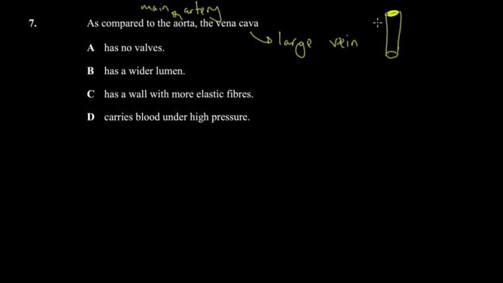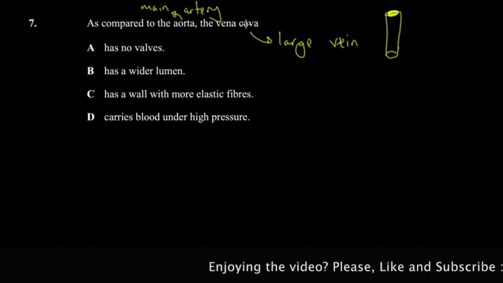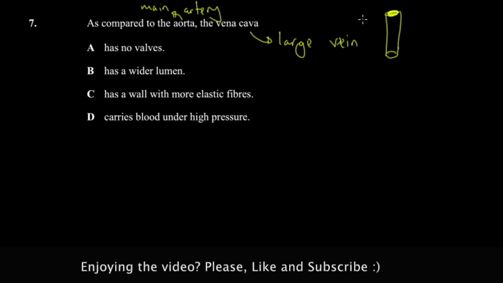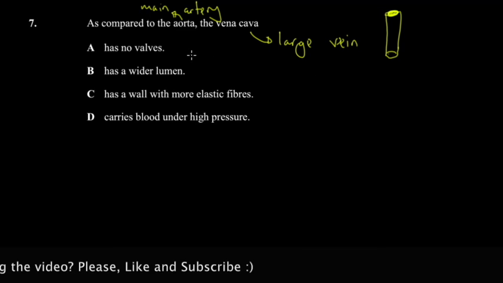In other words, the walls will be more muscular, so there'll be more muscular elastic fibers here. This is for the aorta, but for the vena cava, there will be less because the pressure in the veins won't be comparatively greater.